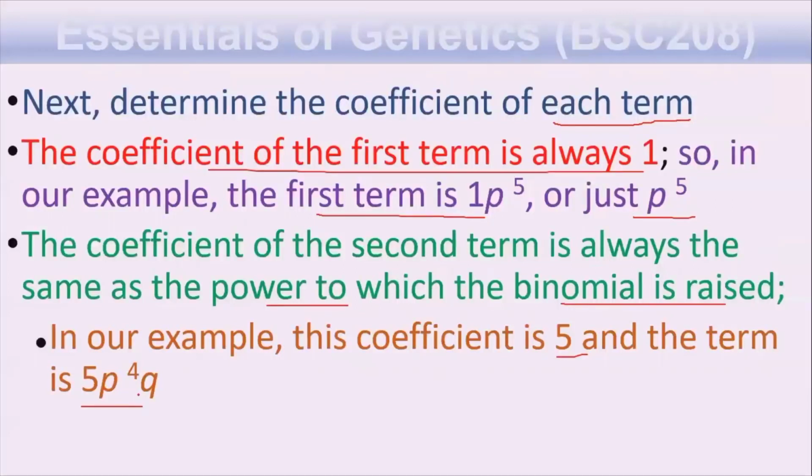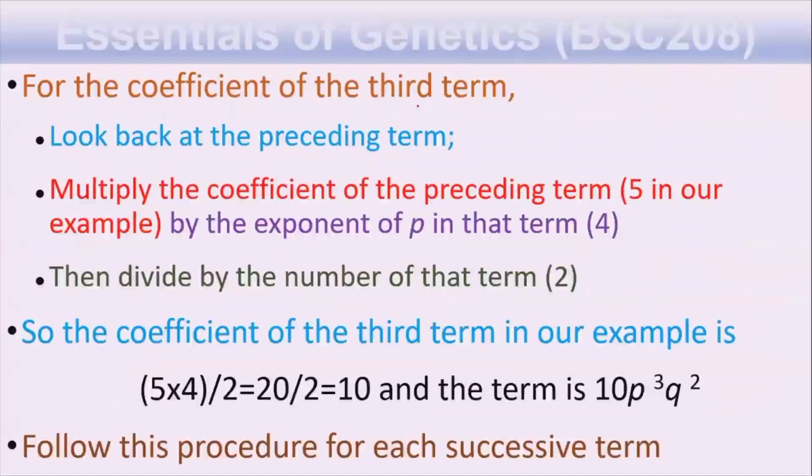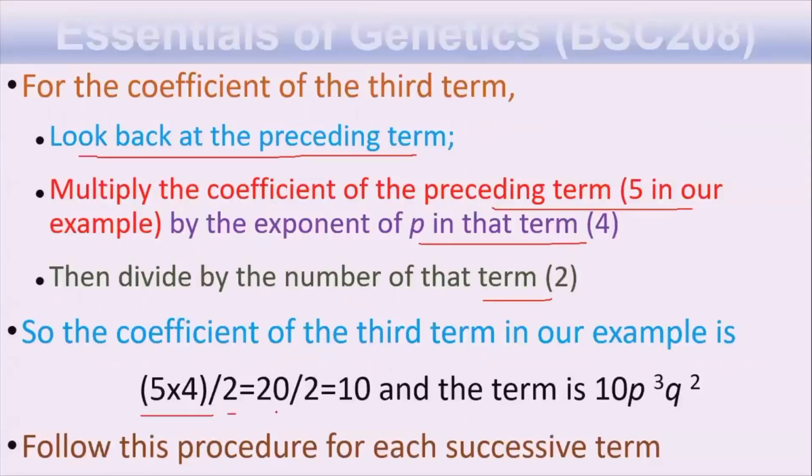Similarly, for the coefficient of the third term, we look back at the preceding term and multiply the coefficient of the preceding term, that is 5 in our example, by the exponent of p in that term. Then divide this by 2, and so the coefficient of the third term in our example will be 5 into 4 divided by 2, which is 10.